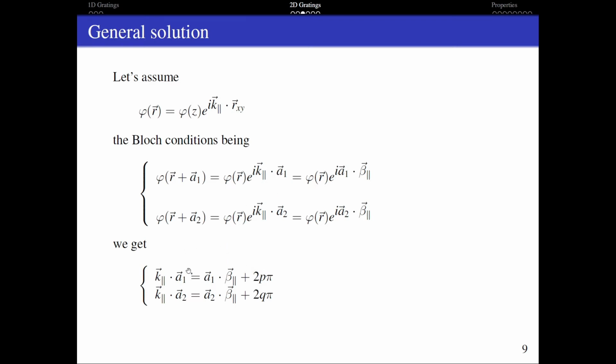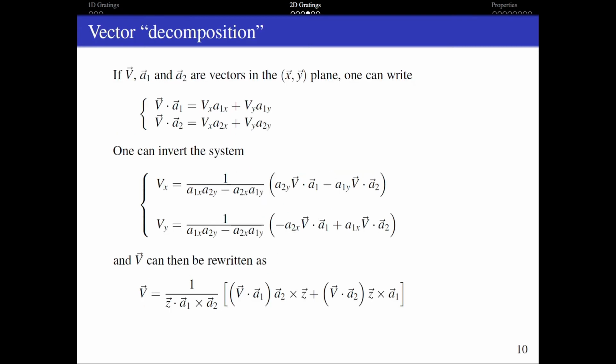In this case, I've kept everything as a dot product because we are going to use this to get the full solution right now. But to do this, I first need to define some kind of coordinate transformation. So let's say we have vector v in the xy plane, and we have, of course, our two vectors defining the grating.